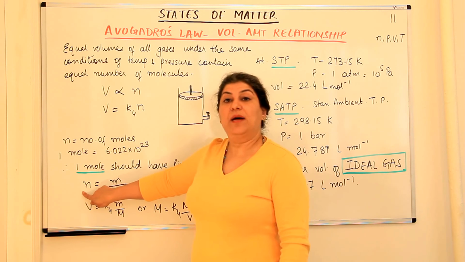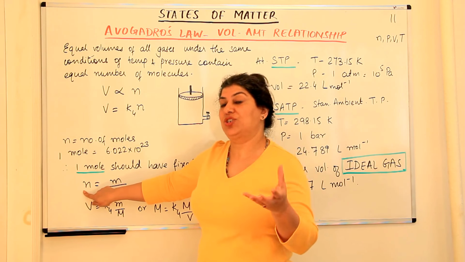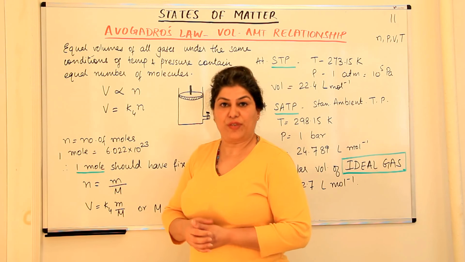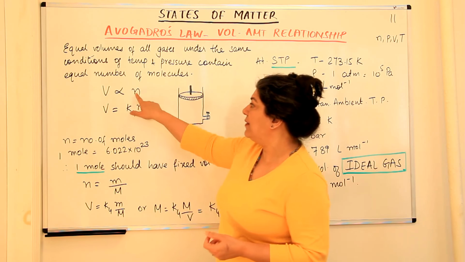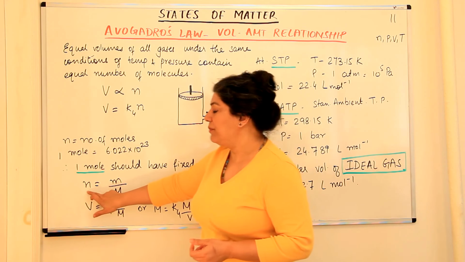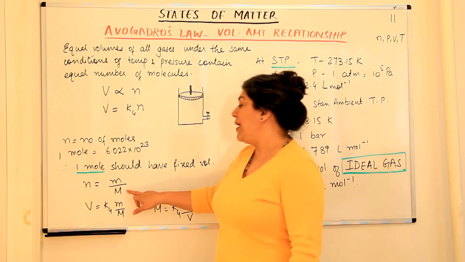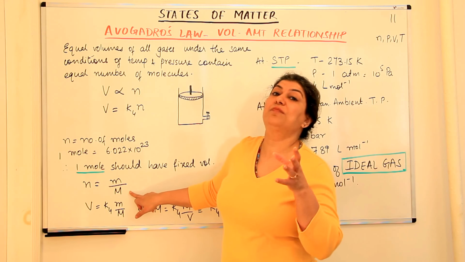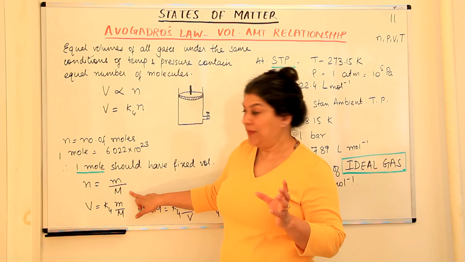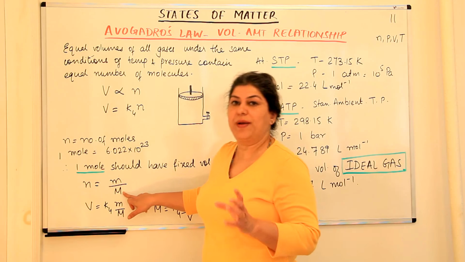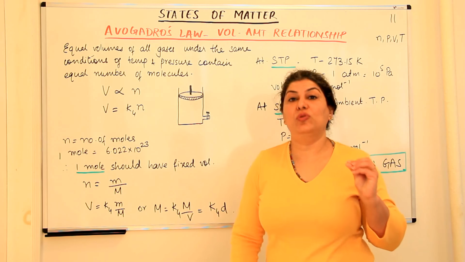If in a question you're given the mass of the substance, how would you calculate the number of moles? We know the number of moles is equal to the given mass divided by the mass of 1 mole, which is known as the molar mass of the substance. Mass over molar mass gives you the number of moles.